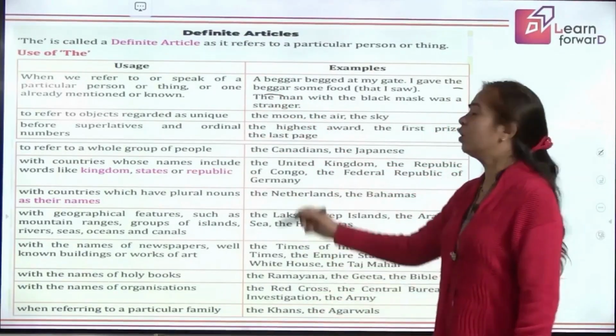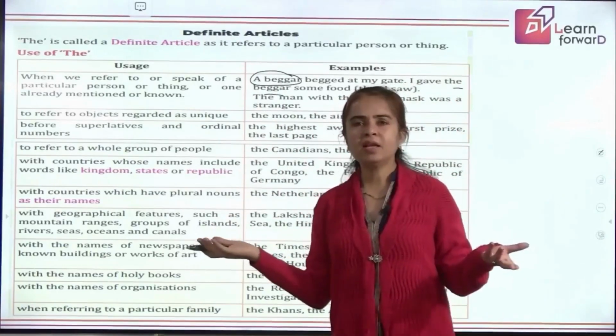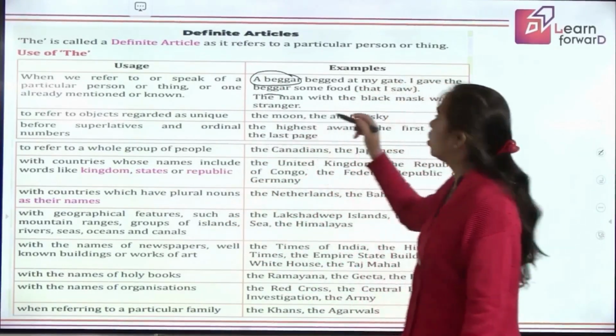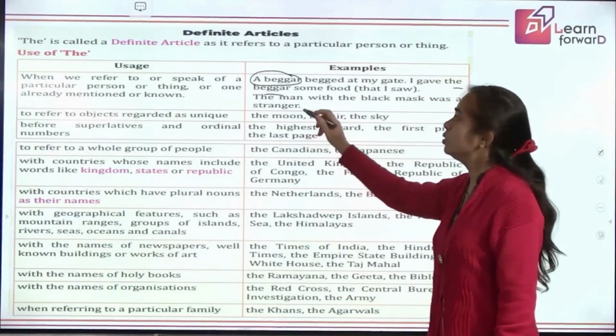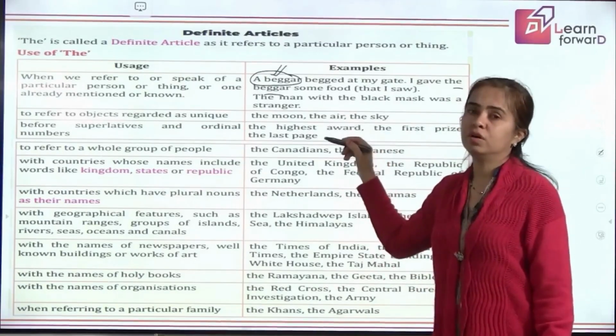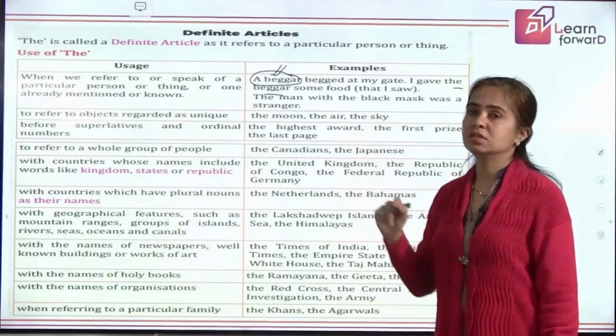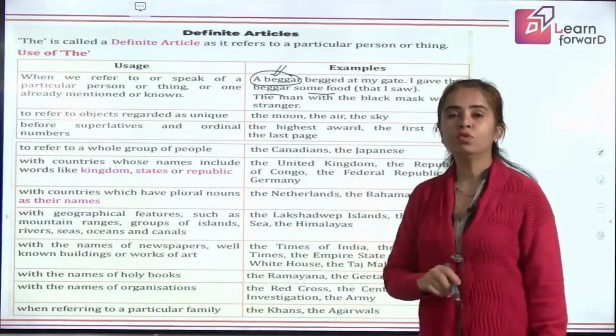Now, when you are talking about the beggar in the first sentence, it can be any beggar. But when you are talking about the beggar in the second sentence, you mean the same beggar you referred to in your first sentence. To that beggar, you gave some food.